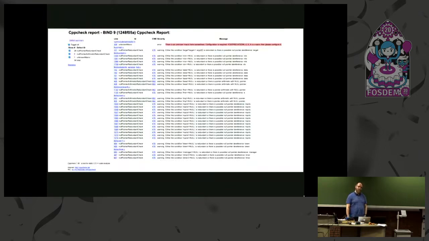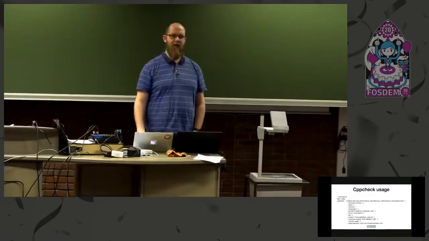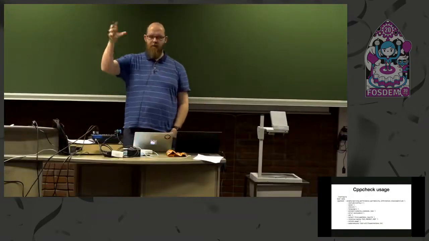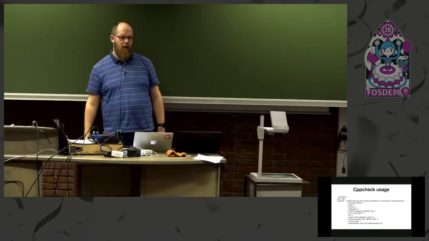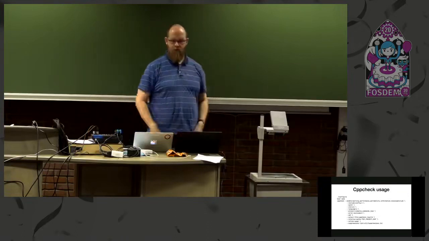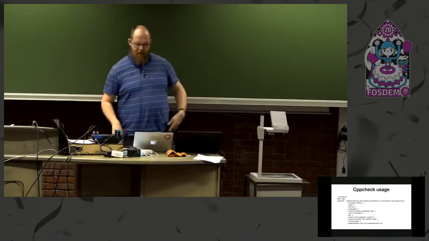Some, yes. On some strictness level, it also reports things like variable scoping, when you can reduce the scope of the variable, and some others. It's quite an extensive list actually, so it would be moot to show it here. But this is what we use.